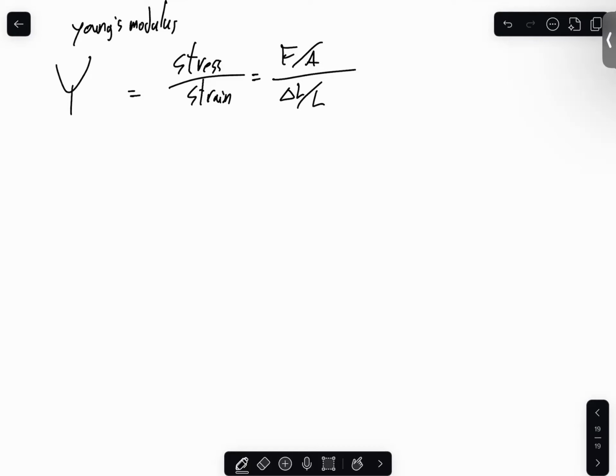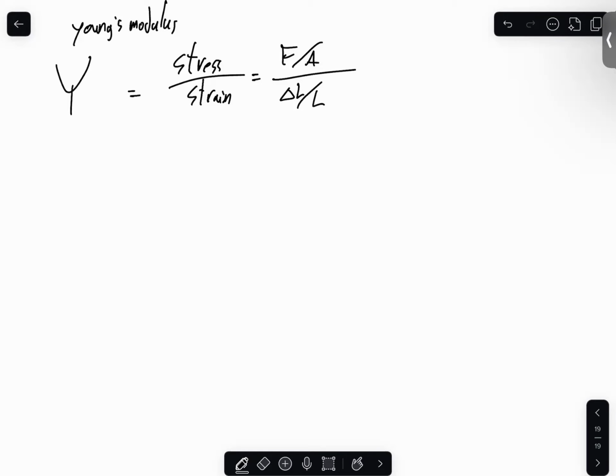So say we have a rope that's a meter long, and then we pull it to 2 meters. 100% change, but it's only a change of 1 meter, so strain would be 1. 0% difference is if the length does not change.